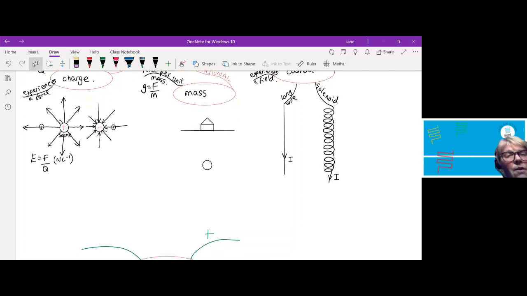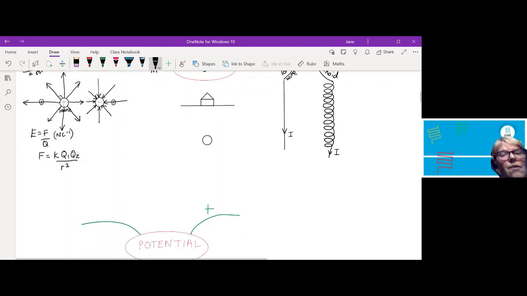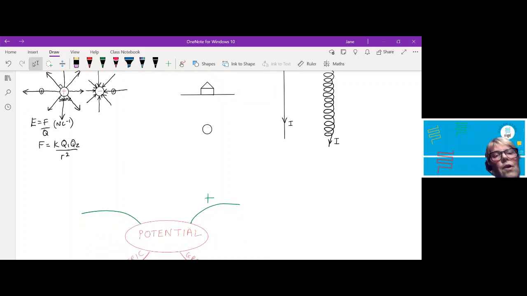So we already know that the force is given by k Q1 Q2 over r squared. I'm not going to put 1 over 4 pi epsilon naught, I'm just going to use k here now. But since we know the electric field strength is the force per unit charge, if we divide it by Q2, it cancels out and we just get k Q1 over r squared.